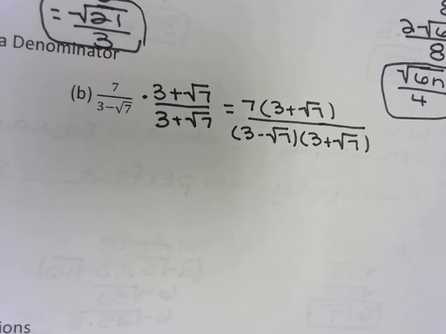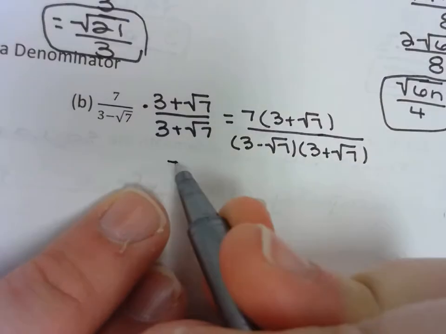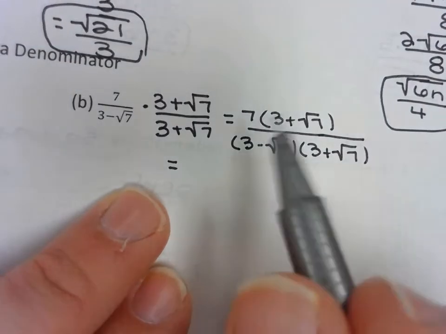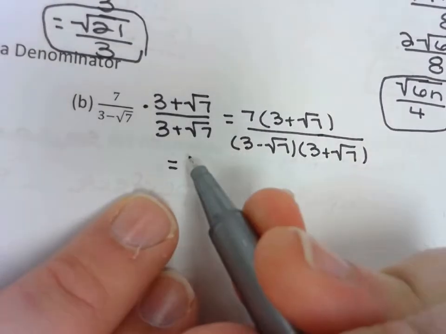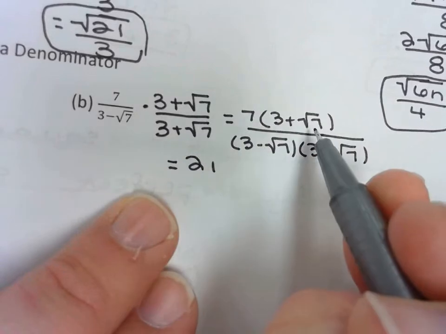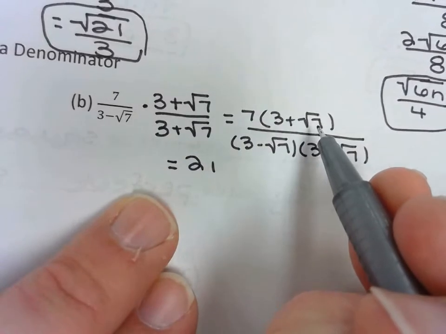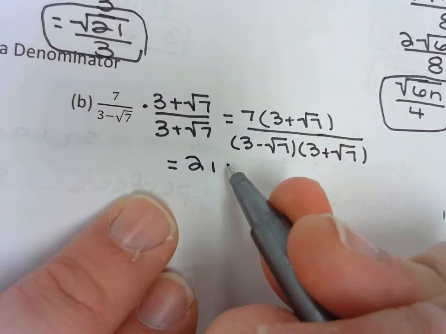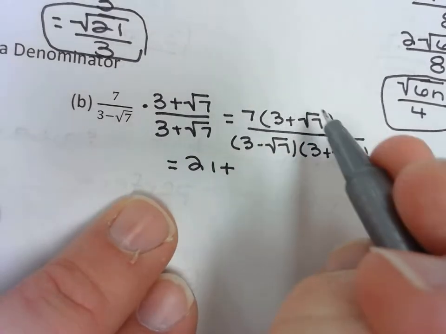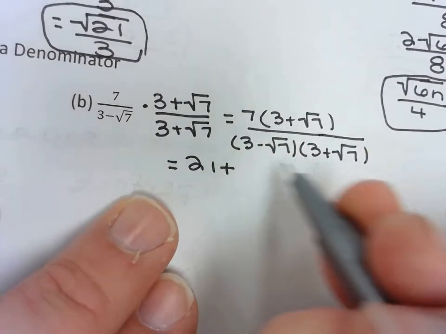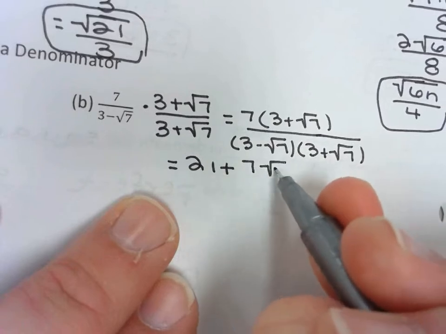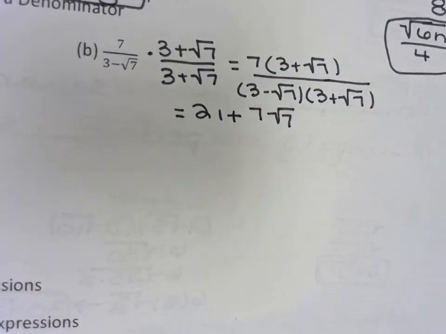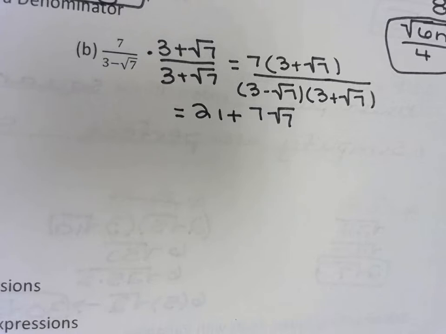So on top, we are going to do what? Distribute. What's 7 times 3? And then what's 7 times square root of 7? Because they're not both under the square root, you cannot multiply them together. So that's just going to be 7 square root of 7.